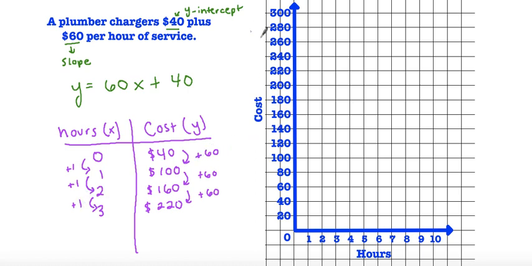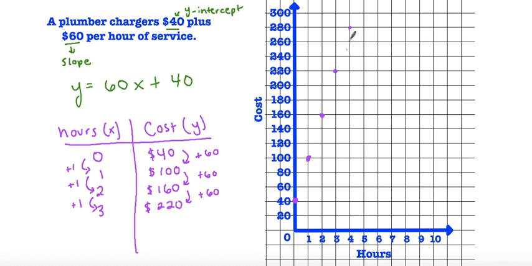And so if we were to graph this, we'd start off with the initial charge. So before any hours passed, we'll start off at 40. And then after 1 hour, the charge will be $100. And then 2 hours, $160. And then 3 hours, it will be at $220, and so on.